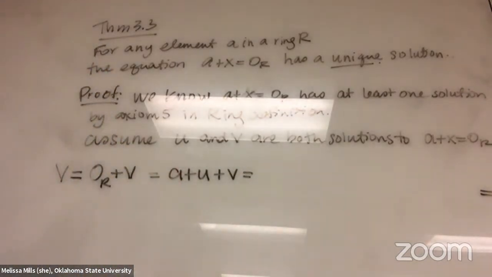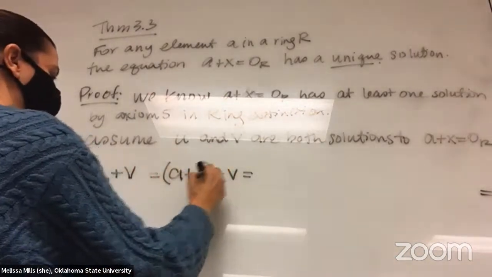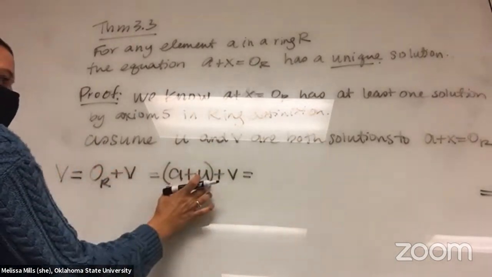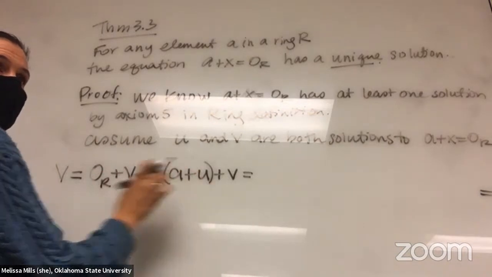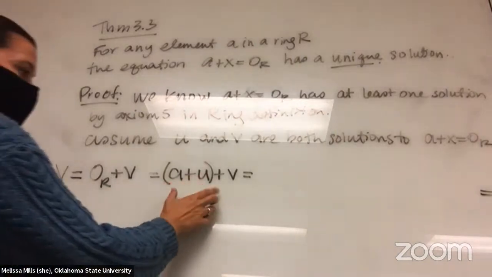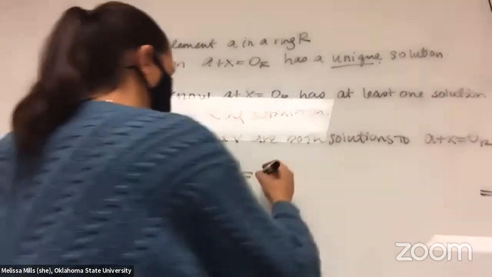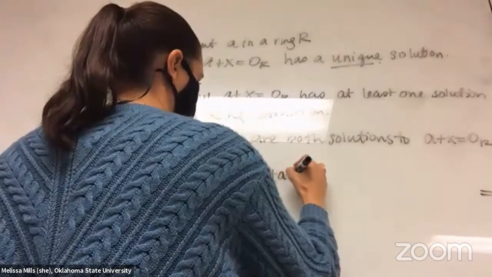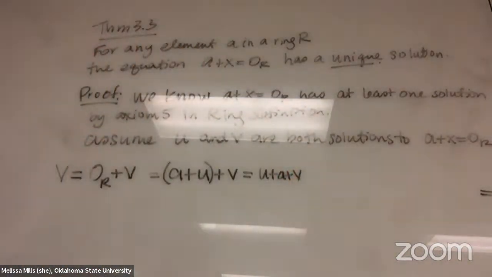Okay. And maybe we'll put that in parentheses because I'm replacing 0R with that thing, right? So now what properties can I use? What do I want to get? I want to get U by itself, right? Yep, we can drop the parentheses. Okay, now what?